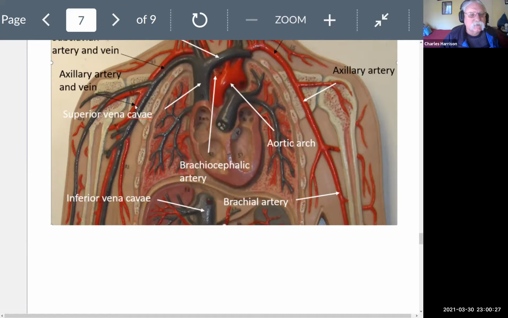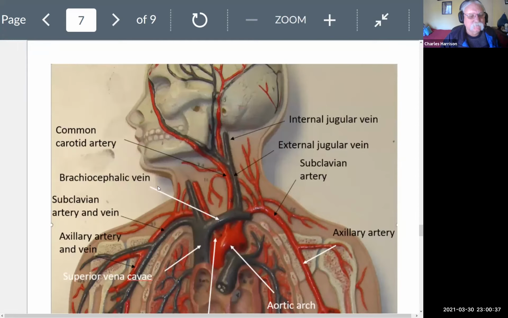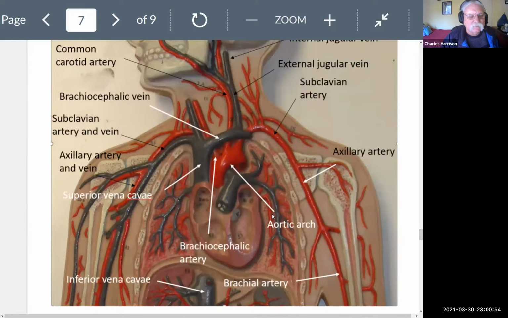This is the axillary artery and vein on the right side, and it was pointed out on the left side already. Subclavian artery and vein here. Well, here was the subclavian artery. Okay, that one wasn't too bad.